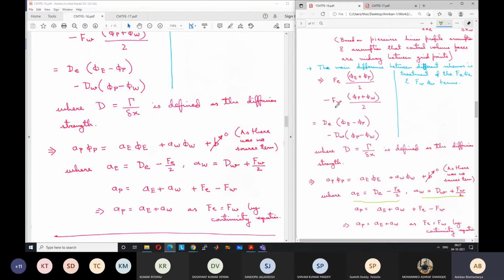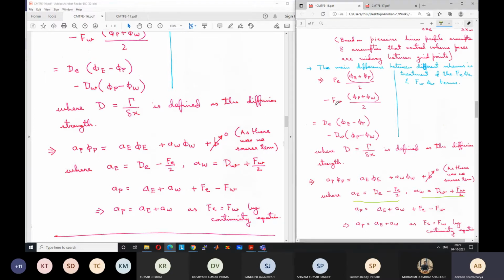And on the left hand side, we have minus dW; there will be plus dW, because here one minus is already there. So it will go to the left hand side and become plus dE plus dW plus Fe by 2 minus Fw by 2.